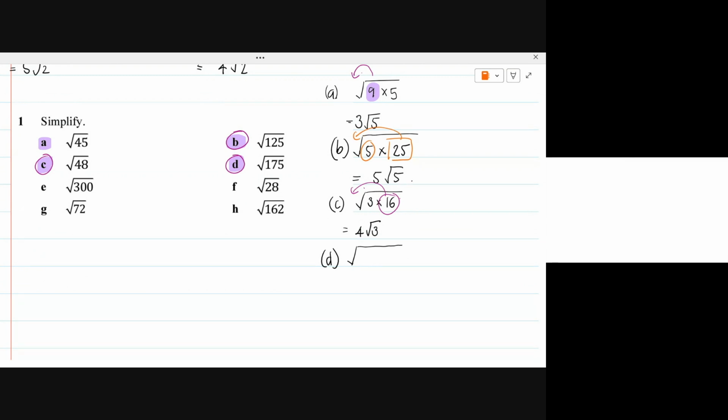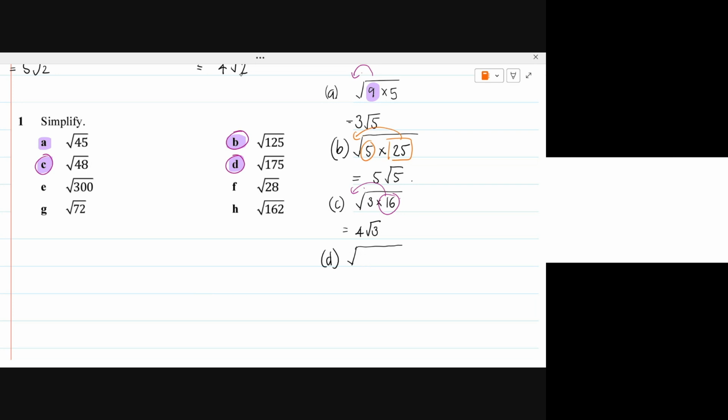Let me do quick math in my head. I'd get 3 times 55. That doesn't help, right? And then I can't use 4. 5 times what will give me 175? 5 times 35, so that's not going to help me.